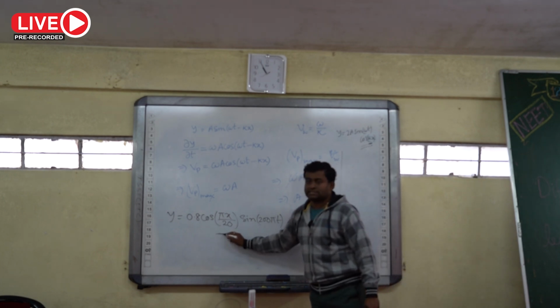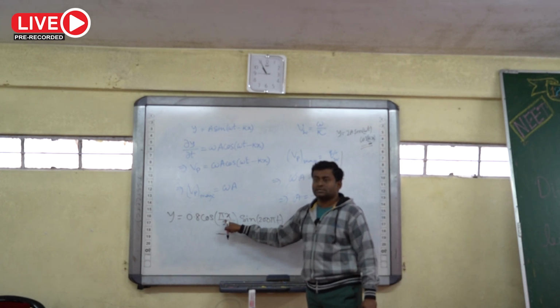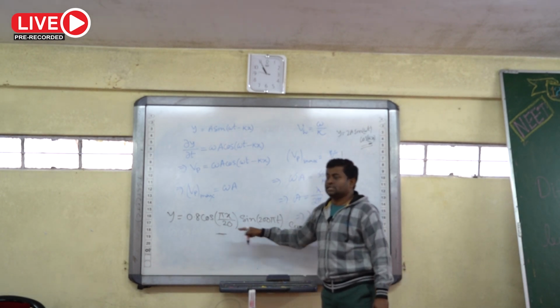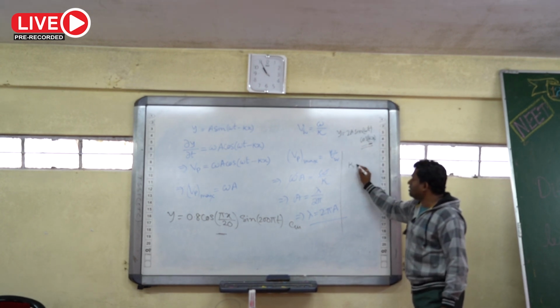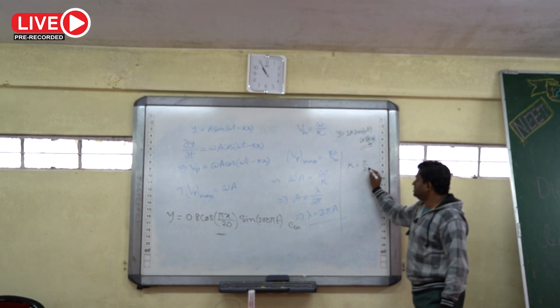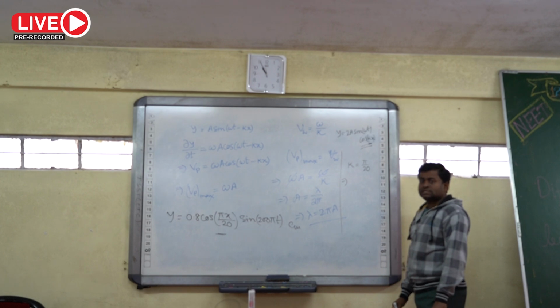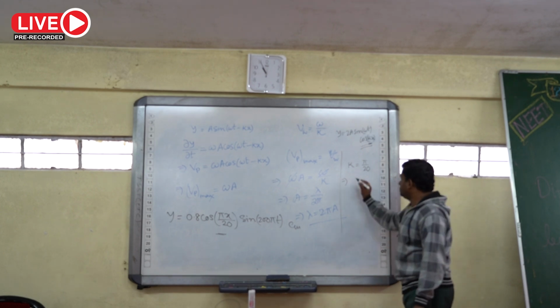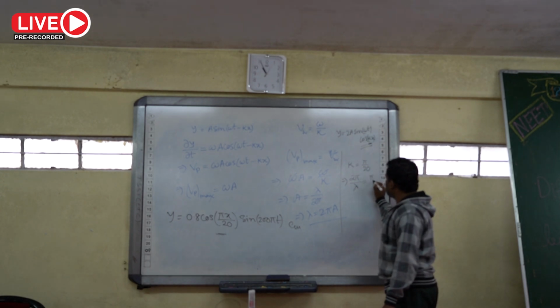What is the coefficient of x in this equation? Pi by 20. Here the coefficient of x is k, so k equal to pi by 20. And k means wave number, that is 2 pi by lambda. So 2 pi by lambda equals pi by 20, and lambda will be 40 centimeter.